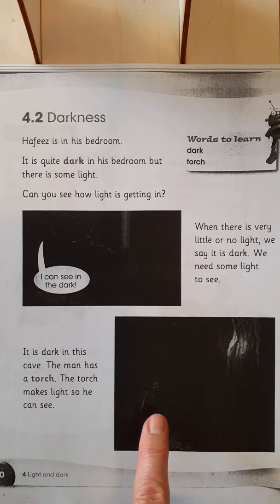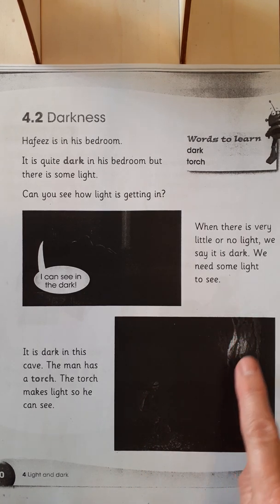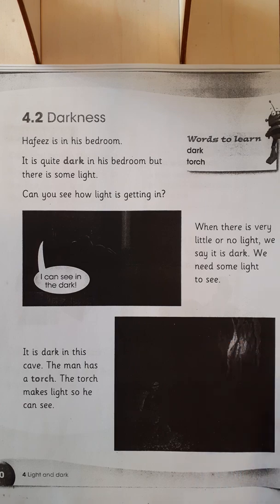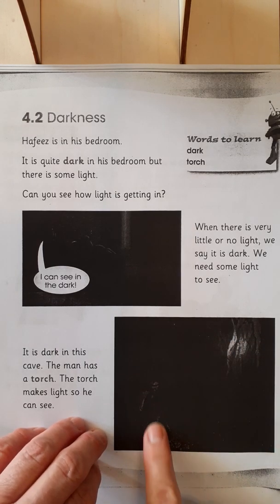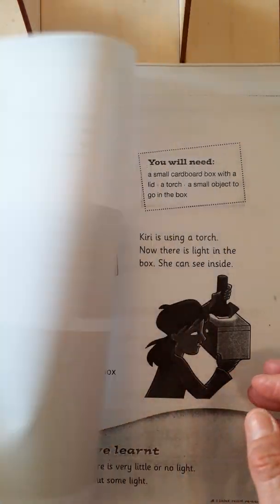Okay, the torch makes light so he can see. He shines the torch on the cave walls here, and that is the reflection that you see from the torch light. Okay. Here is the person standing. It's a little bit dark, your picture, but I'm explaining now.